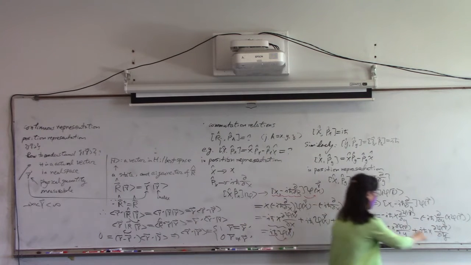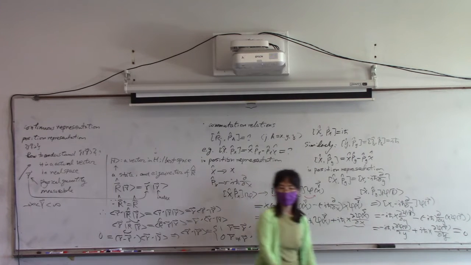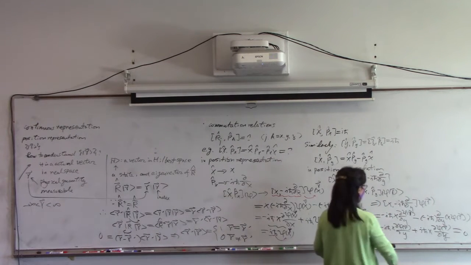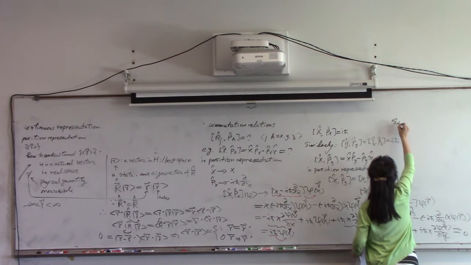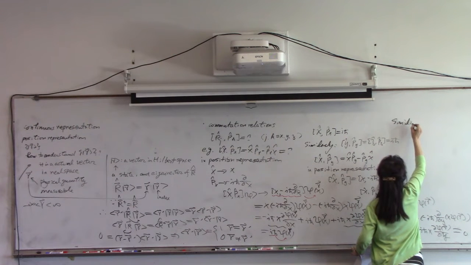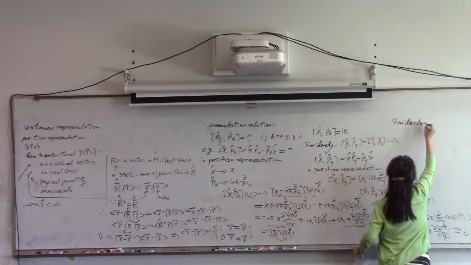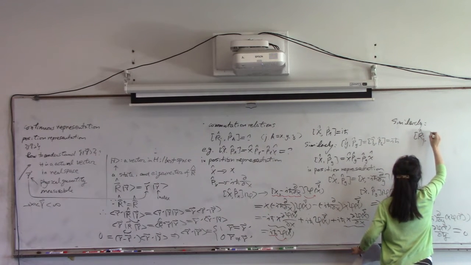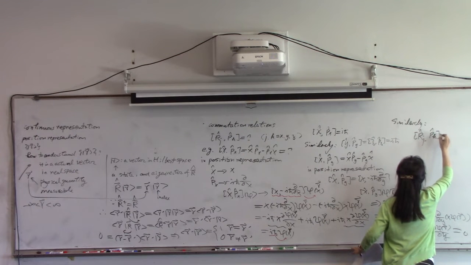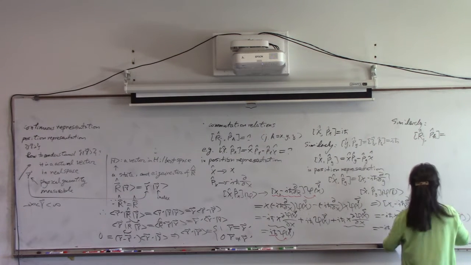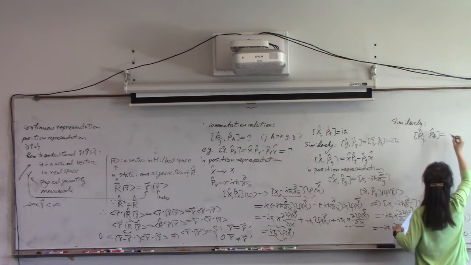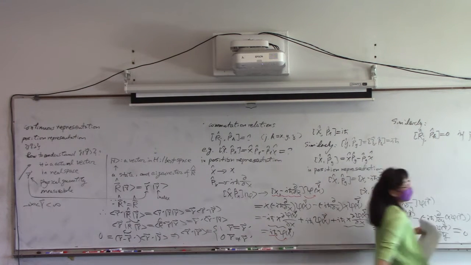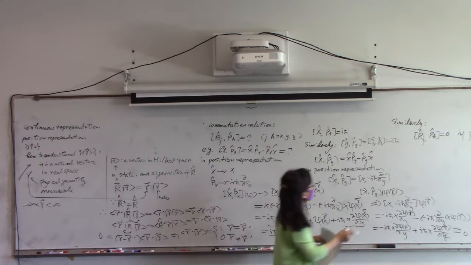And these two cancel, giving 0. So if the components are not the same, the commutator always equals 0. Similarly for all the others; in summary, it equals 0 if j is not equal to k, that is, for not the same components. So now you can summarize.